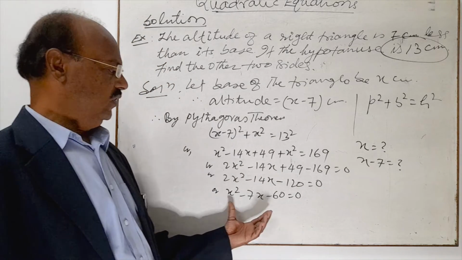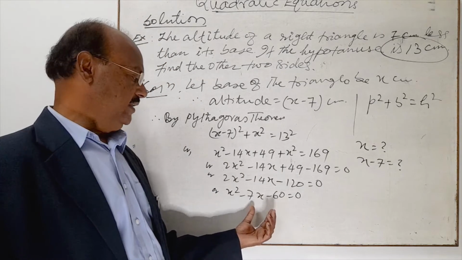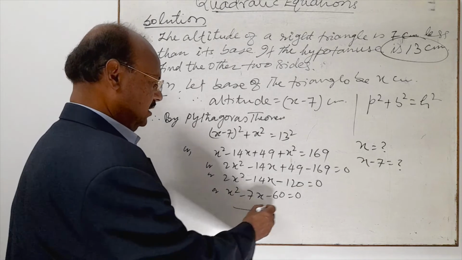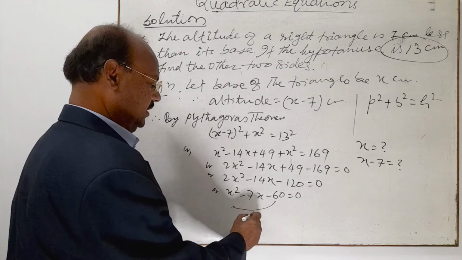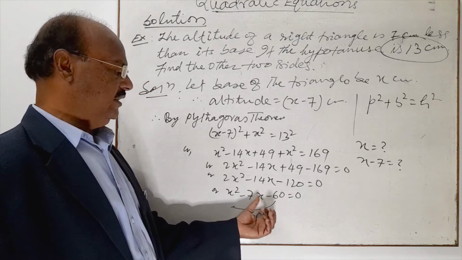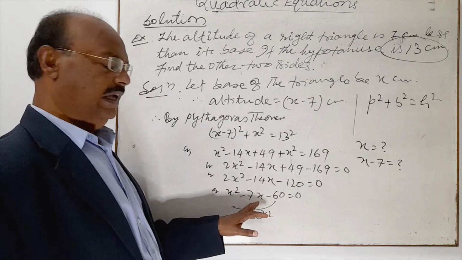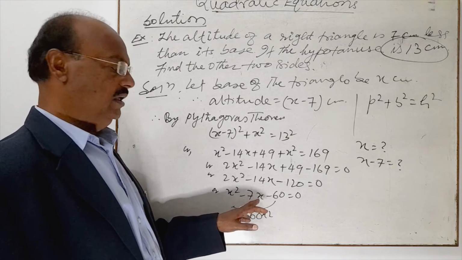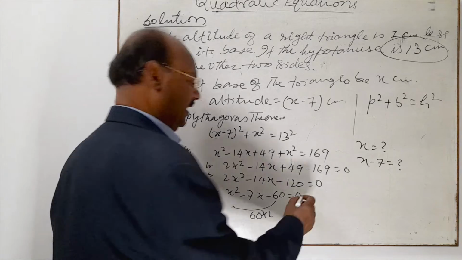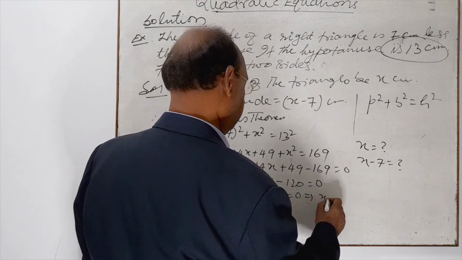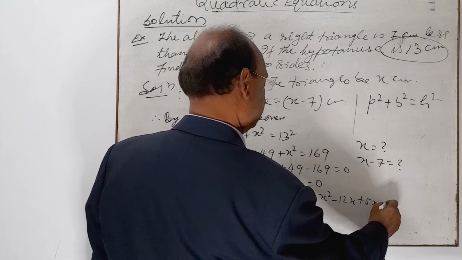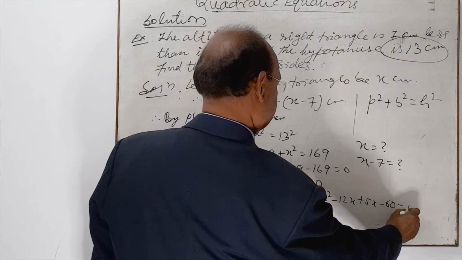Now we will factorize this by splitting the middle term. The product of the first and last term is minus 60x square. So we'll break minus 7x into two parts so that the value remains the same, minus 7x, but the product is minus 60x square. So this can be written as x square minus 12x plus 5x minus 60 is equal to 0.